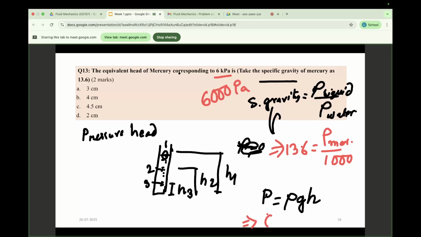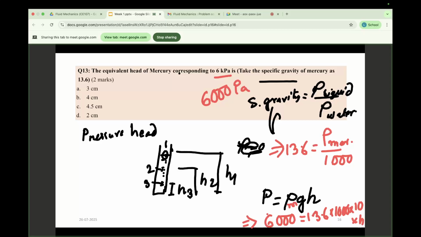So I can put 6000 equals density, for mercury, 13.6 into 1000, into g, let us take the value of g as 10, or you can take 9.8, and h.